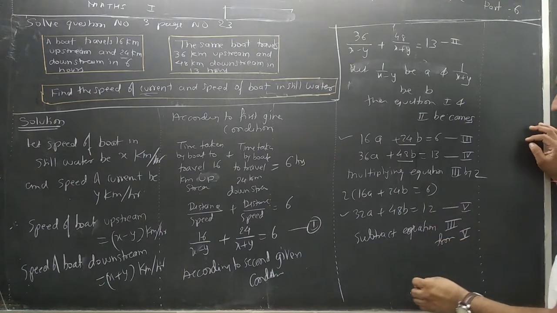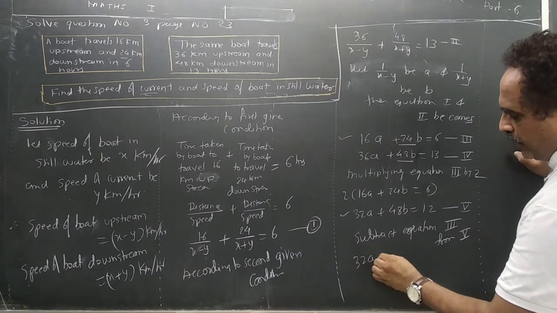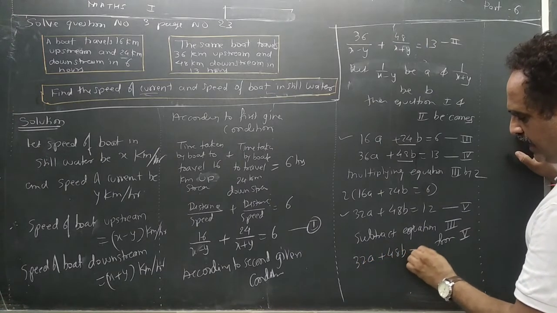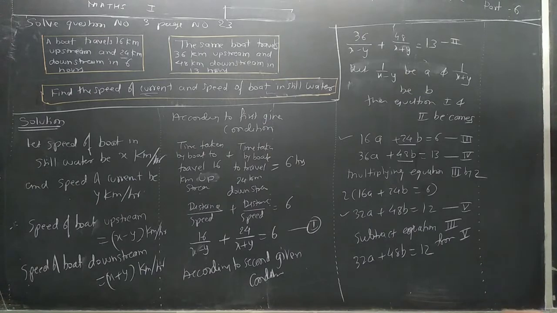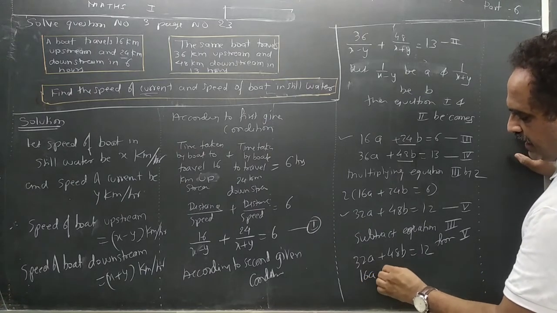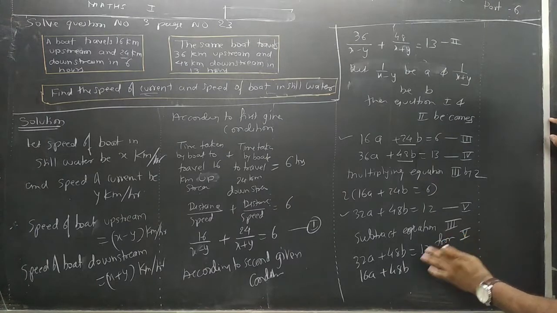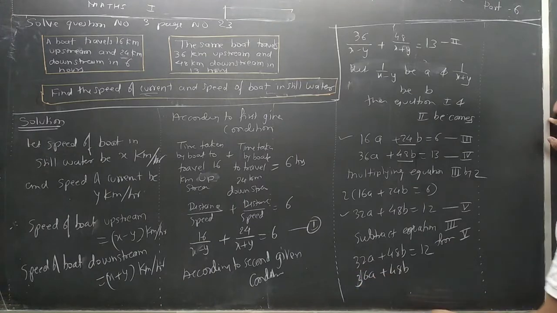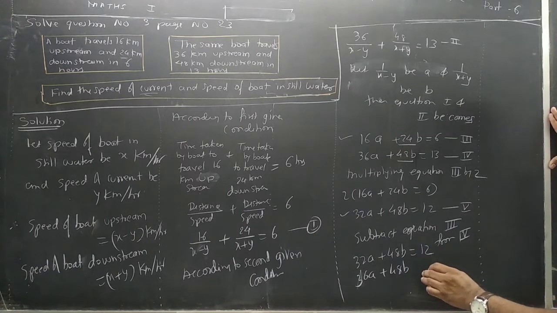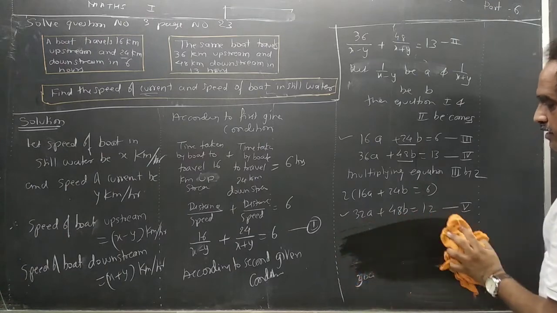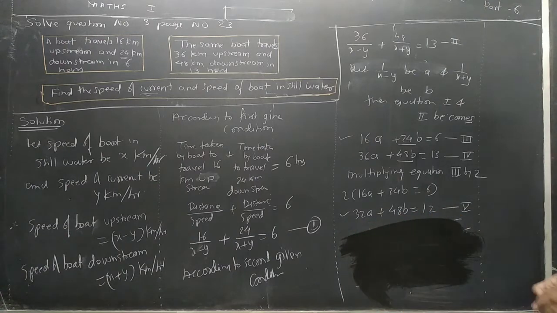I am going to write 5 first: 32a plus 48b is equal to 12, and 16a plus 48b. Now I made a mistake. 36a, 48b. I'll do one thing. Wait. We are going to compare this and this equation.